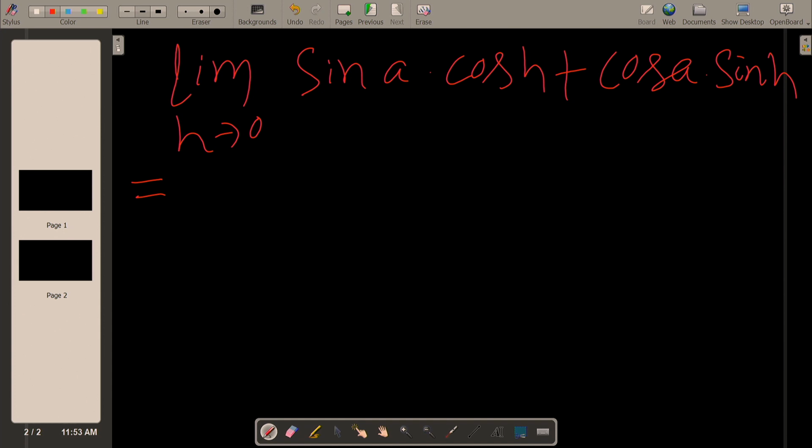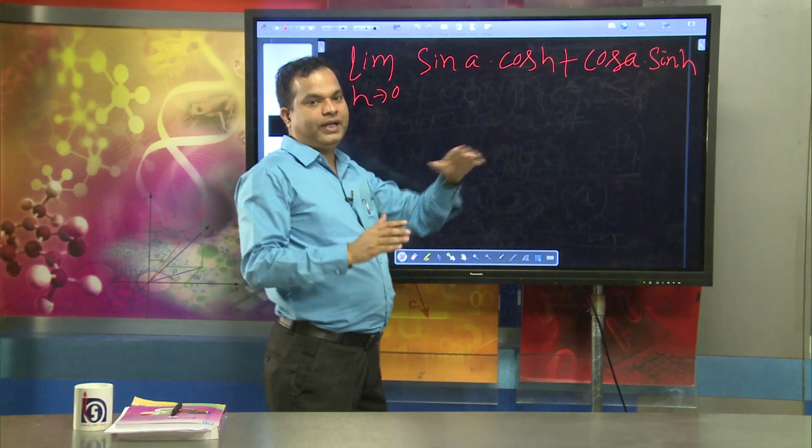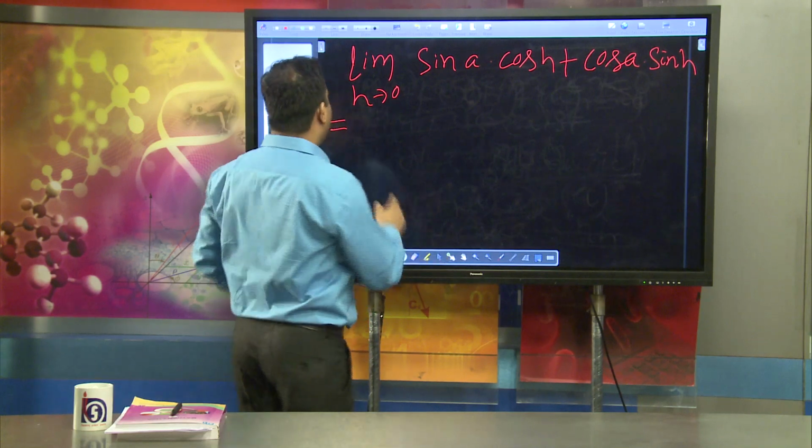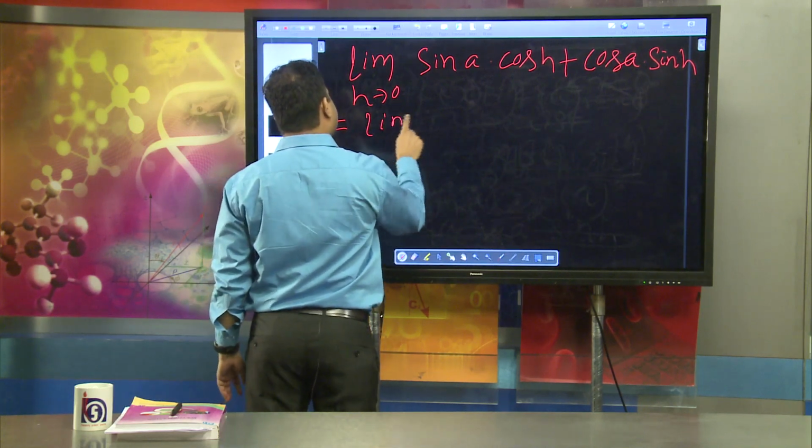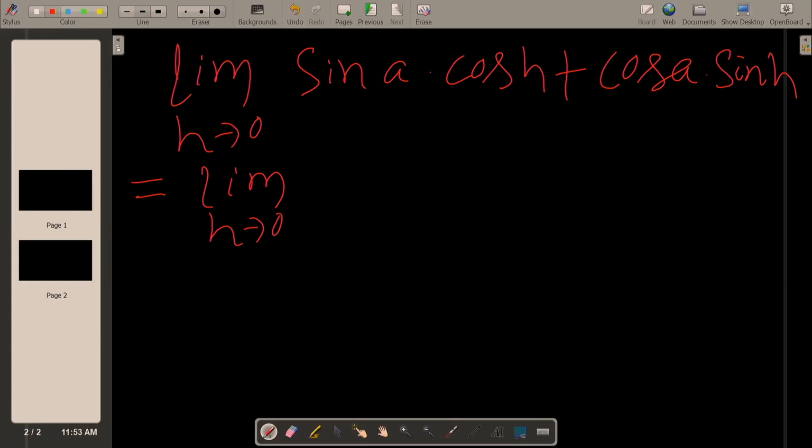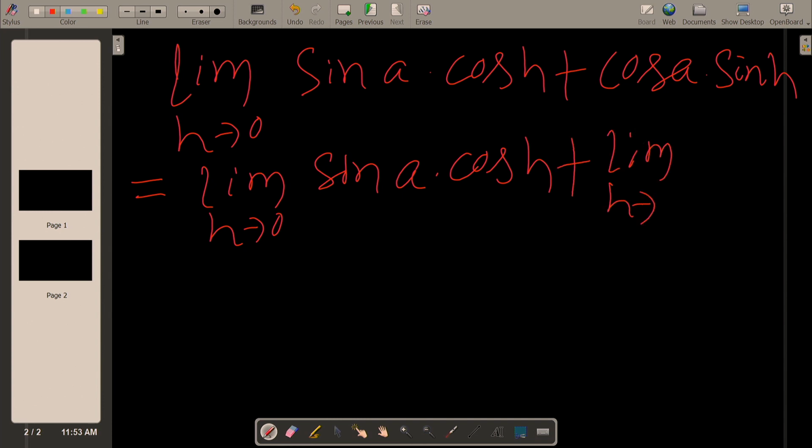We know that the limit of f(x) + g(x) can be separated. So, I can write limit h tends to 0 of sin a cos h plus limit h tends to 0 of cos a sin h.